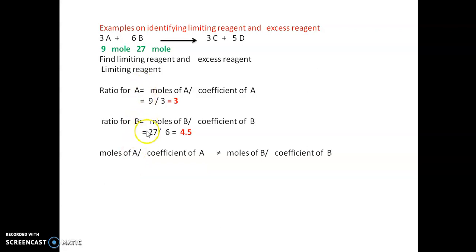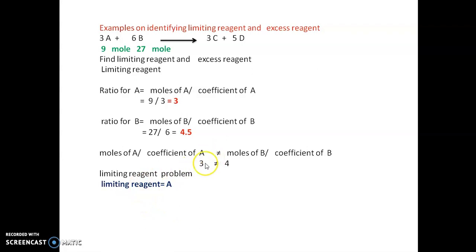Now you decide that moles of A divided by coefficient of A and moles of B divided by coefficient of B, these two ratios are not equal. Means 3 and 4.5 are not equal, and hence this problem is regarding the limiting reagent.